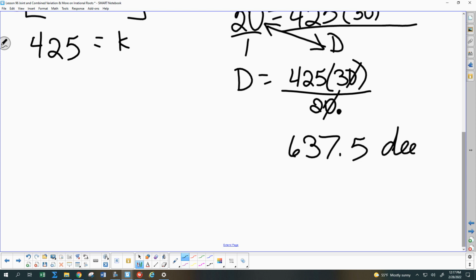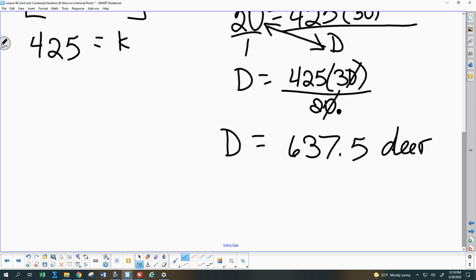Now, I know it does not make any sense to have half of a deer, but go ahead and write it down with a decimal so I'll know that you did the work correctly. If it asks you to interpret in some other way on the question, then you could decide whether it makes more sense to round it up or to truncate it and round it down. Does that much make sense to everybody?